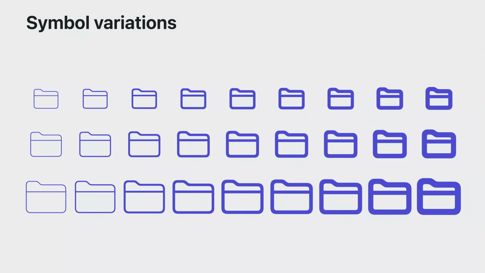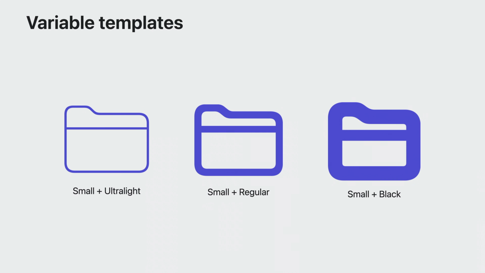Now you'll also want to make sure your new symbol looks great in all of the different scales and weights that symbols support. With 3 scales and 9 weights, that's a total of 27 different variations. But the good news is that symbol components are powered by variable templates, which take care of most of the work for you. Variable templates were introduced in SF Symbols 3.